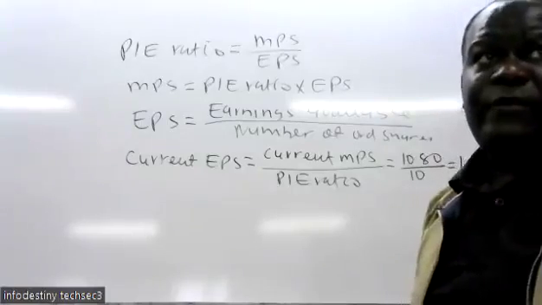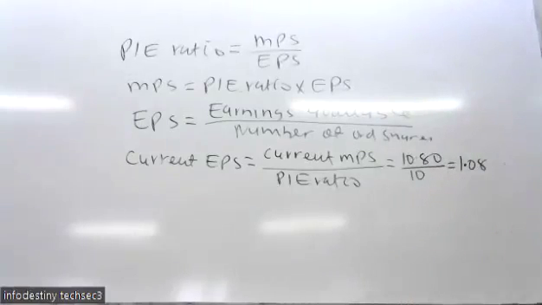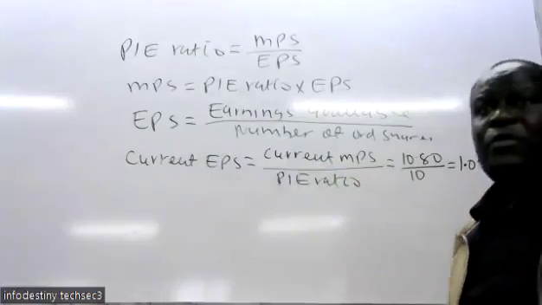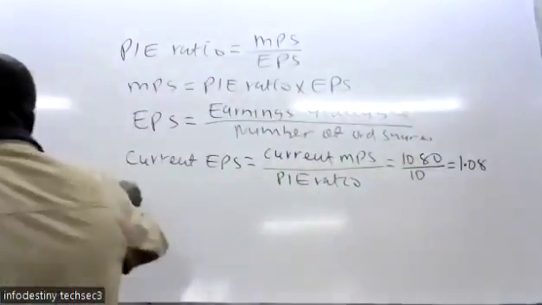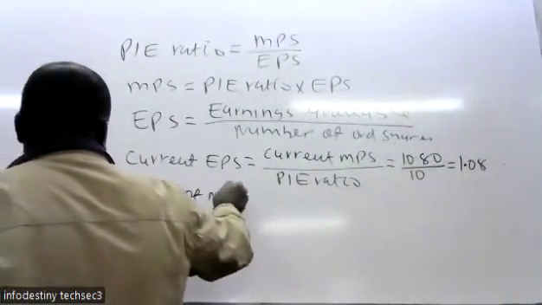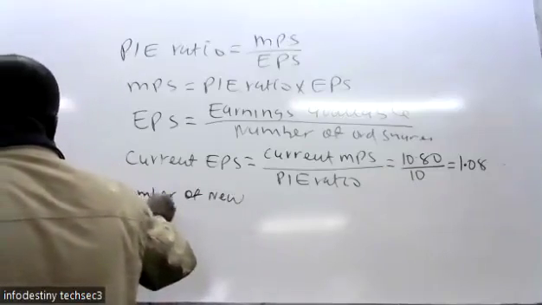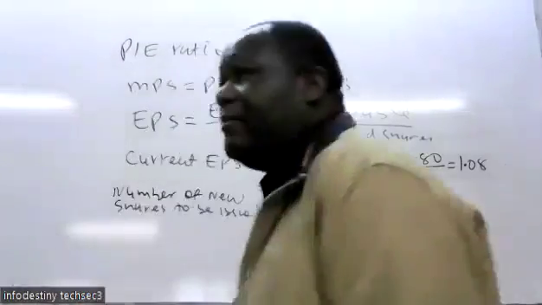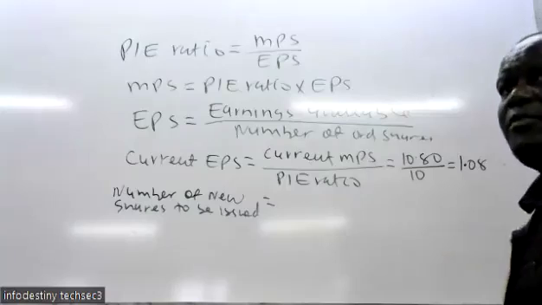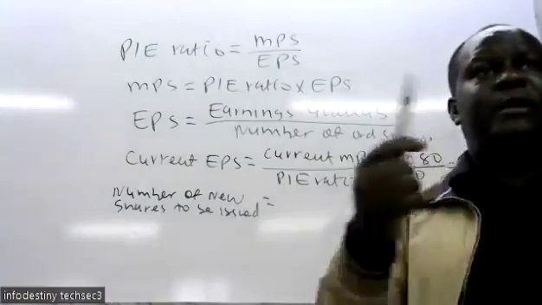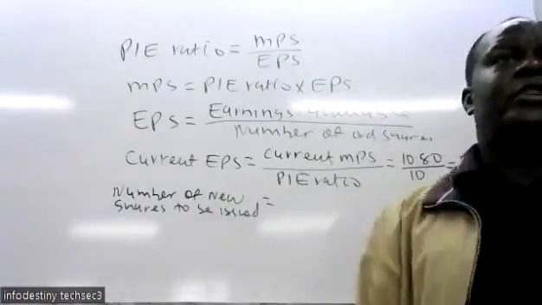We need to get the number of the new shares to be issued, because this earnings per share must be after the rights issue. Remember, to get the number of the rights, we normally take the existing number of the ordinary shares divided by the new shares to be issued.